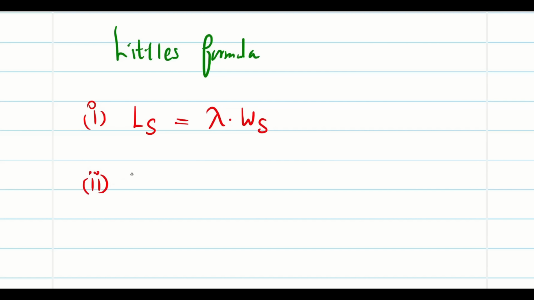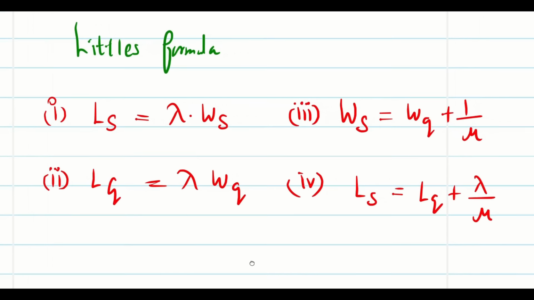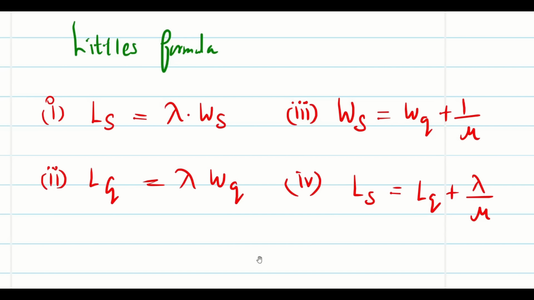Then LQ is lambda into WQ. The third one is WS. WS is going to be WQ plus 1 by mu. And finally, LS is going to be LQ plus lambda by mu.